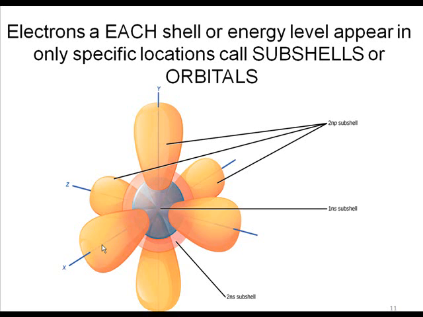So what you have is electrons appear in a certain distance from the nucleus, which is called the shell. But within the shell, rather than going around and around like a planet, it in fact exists as a location where it appears or disappears in these different regions.